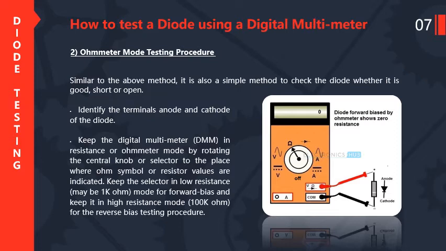Keep the selector at a low resistance range, maybe 1 kilo ohm, for forward bias, and keep it in a high resistance range, for example 100 kilo ohms, for the reverse bias testing procedure.